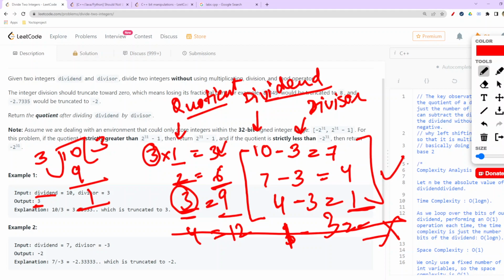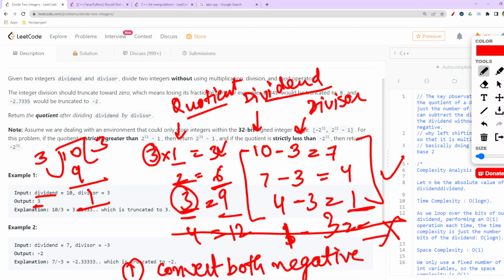First thing we can do is convert both as negative, so that we get a higher space for subtraction and so on, so that there is no overflow.